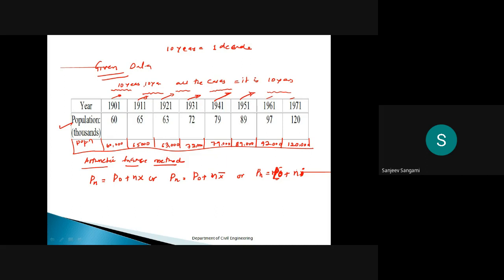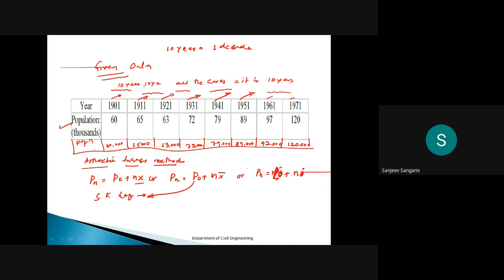If you go to the SK Garg book, which is a very good book, you can refer to it and find this formula: Pn equals P naught plus n x bar.